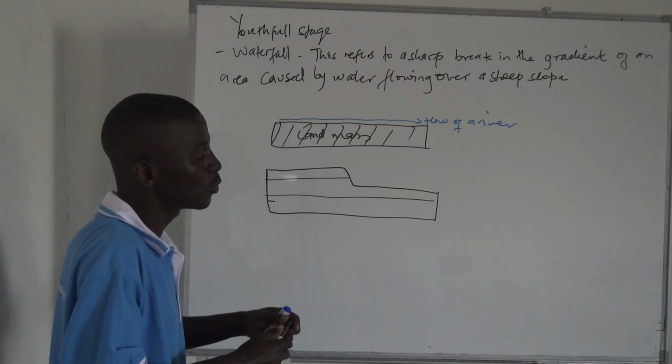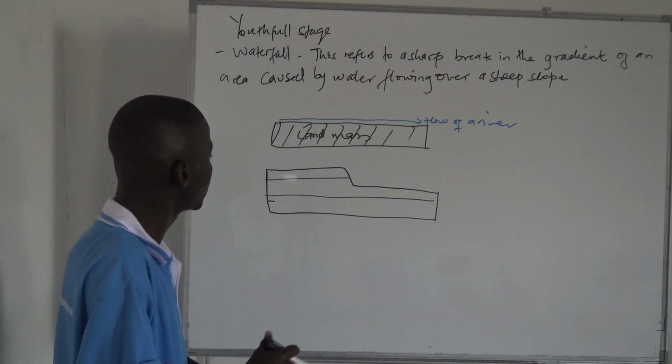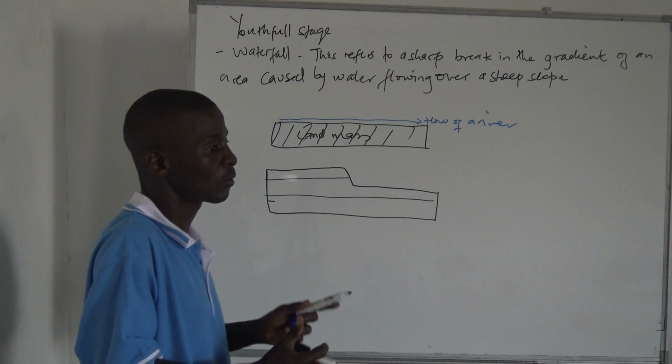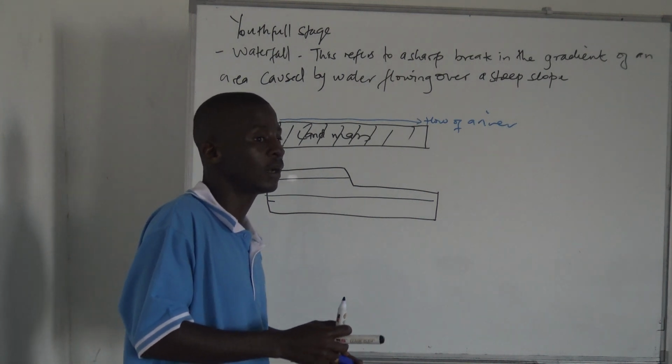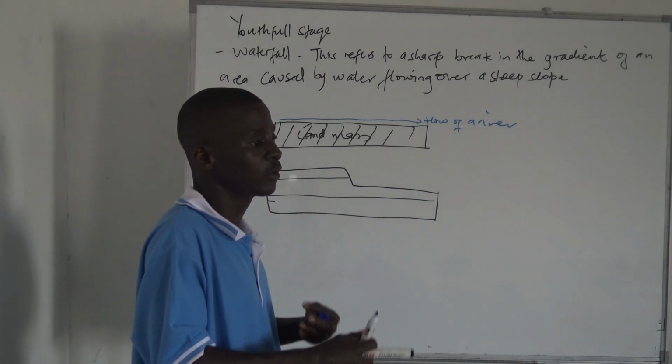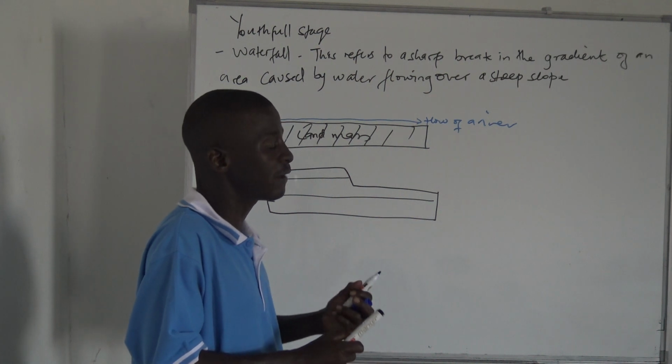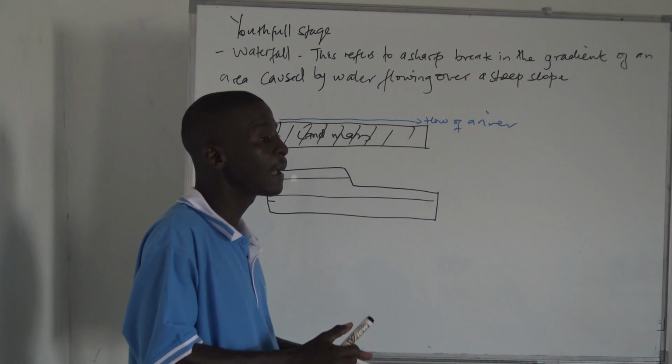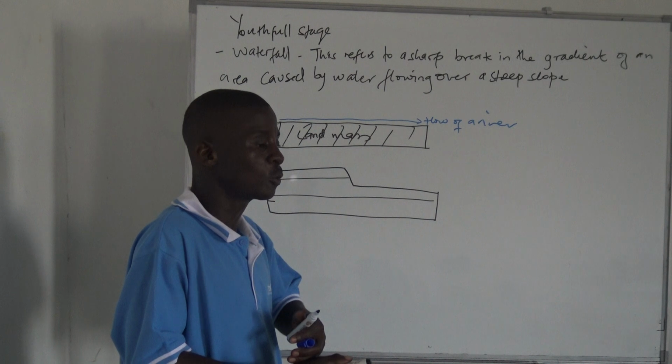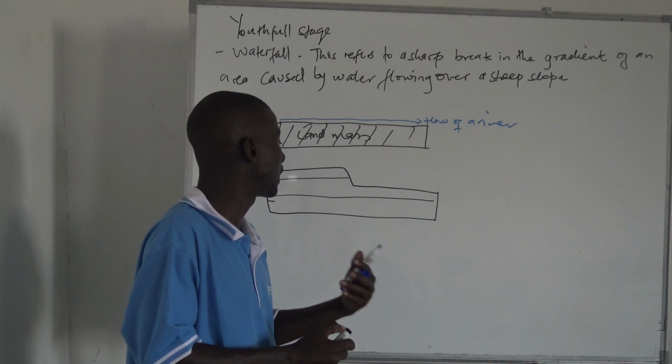Of course, as we look at faulting one time, you will notice that faulting refers to the fracturing of the earth's surface and its displacement. So it could be causing faults or fault lines.